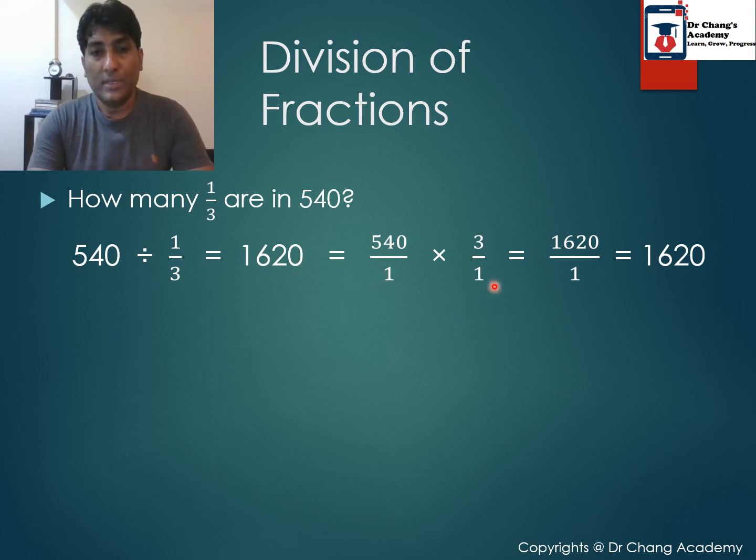And using the multiplicative inverse to change it into multiplication, 540 multiplied by 3 is 1620, and 1 by 1 is 1. So 1620 over 1 is actually 1620. All right, so there are 1620 1/3s in 540.